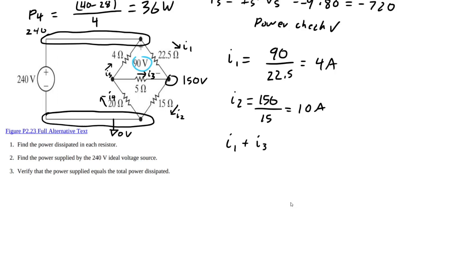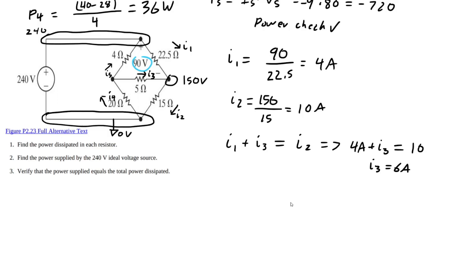Because we have I3 and I1 are coming in here. They're both entering that node with a 150 volt node, and we have I2 leaving. All right, so if we have 4 amps coming in plus I3 equals 10, then I3 must equal 6 amps.